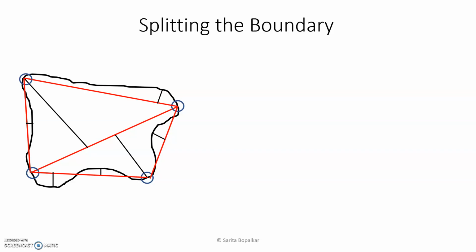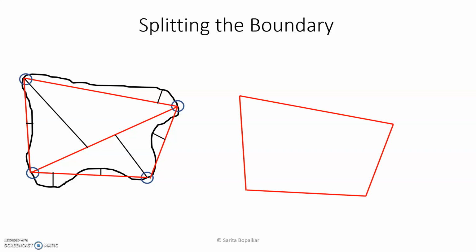If it is greater than the threshold, we'll divide that segment. If it is not, we'll leave it as it is. And this is the polygon approximation of our boundary. These are the vertices of your polygon. This is the splitting the boundary algorithm.